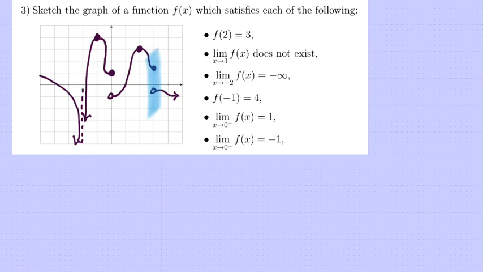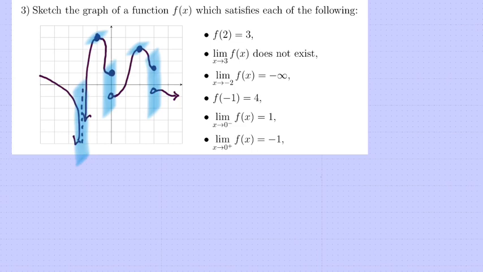You definitely need to have a vertical asymptote at negative 2. And then just check your function values here and here. And then be sure that those are correct too.